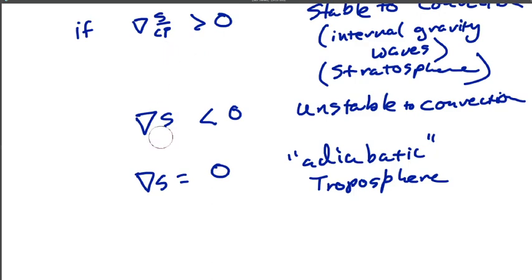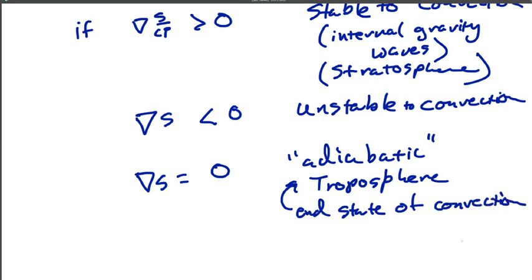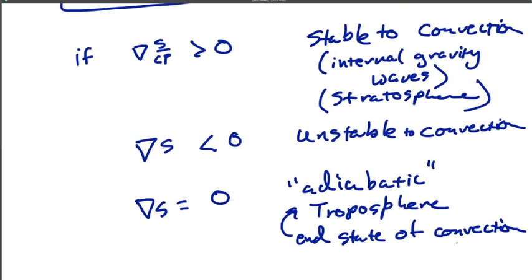Now, the fact that we have a nearly adiabatic troposphere is a very special case. Same with the solar convection zone. This is usually the end state of convective instability. As we'll learn at a later time, when you have instabilities, they tend to be powered by some quantity, and as the instability unfolds, they consume that quantity.